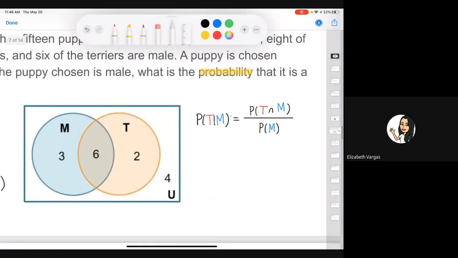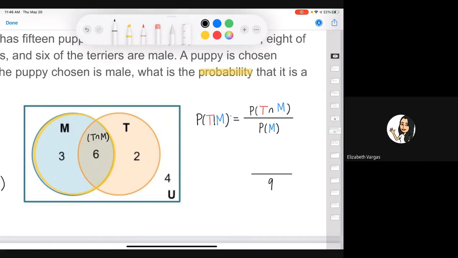Okay, so now I'm going to plug in what I know. What is the probability that I have a male? So what is my total population that are males? 3 plus 6. 3 plus 6 is 9. So those are the total amount of puppies that I know are males. Now I want them to be terrier and male. Remember that this part would be the intersection of terrier and male, so this would represent the probability of terrier and male.